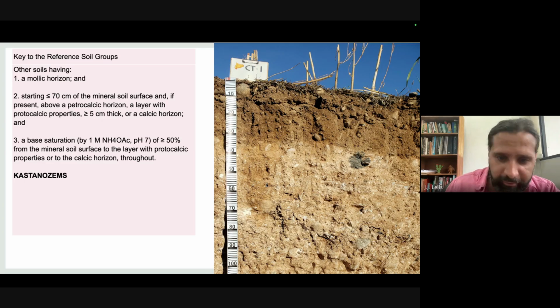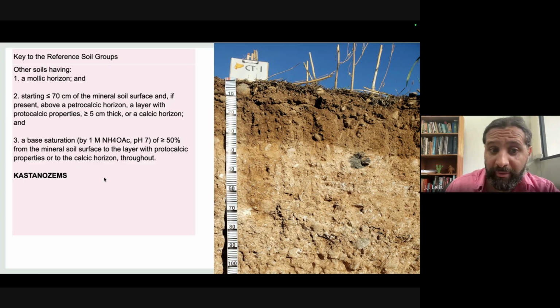Here, because of the huge amount of white spots, I can easily tell you the base saturation will be higher than 50%. But if you want to be sure, just take some samples, run some lab analysis, and we will be sure about the base saturation, okay?